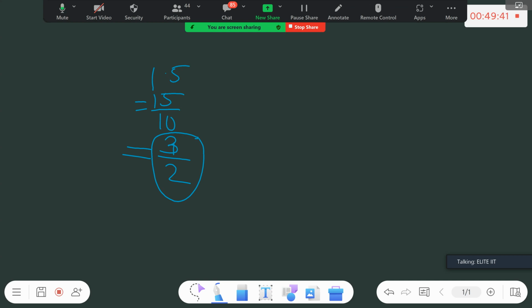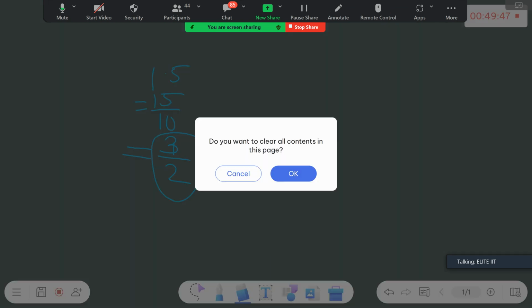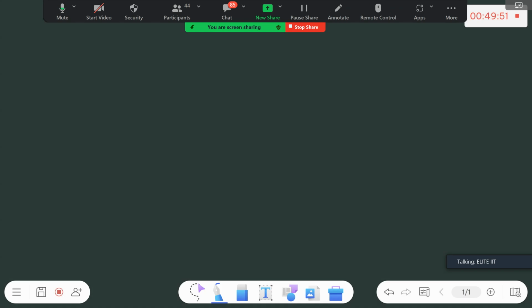Now prime and composite, quickly. What are prime numbers? Everyone knows. Okay, fine, I'll just repeat quickly. Prime numbers are numbers which have only two factors, that is, which can be divided by only two numbers: one and the number itself.